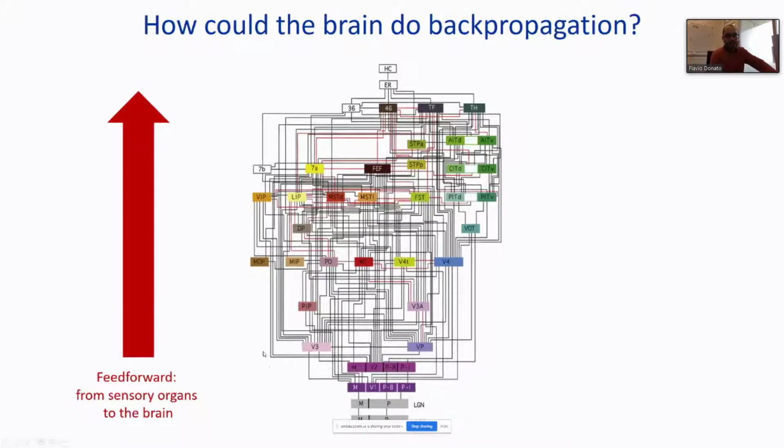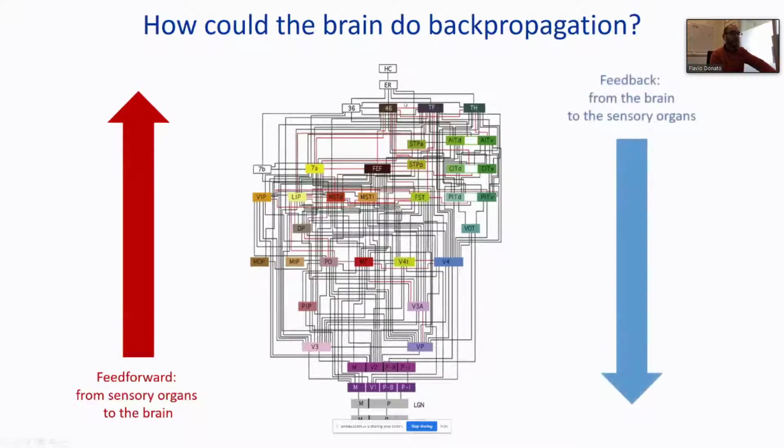But what I didn't tell you, and I'm telling you right now, is that there is a clear connectivity, just as strong in most cases, though through indirect ways, that goes from the higher cortical areas to the most primary sensory areas of our brain. So there is an ascending feed-forward pathway and a descending feedback pathway.